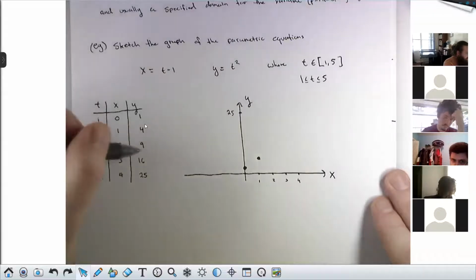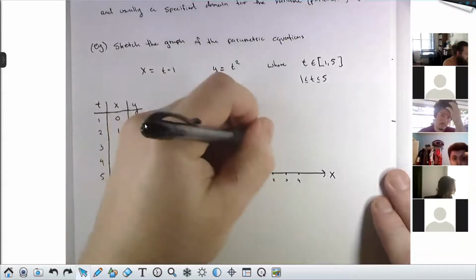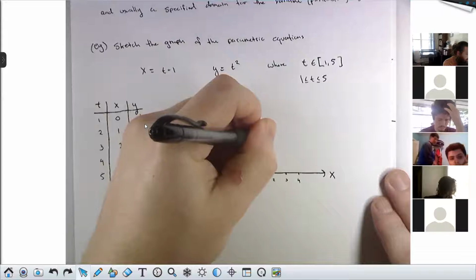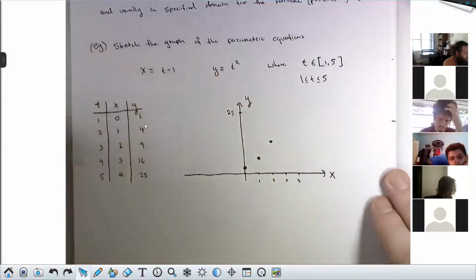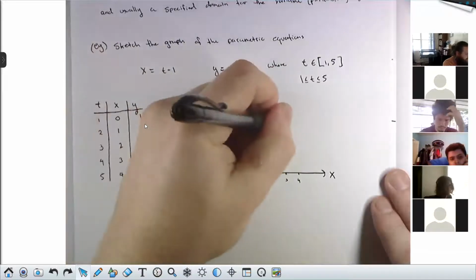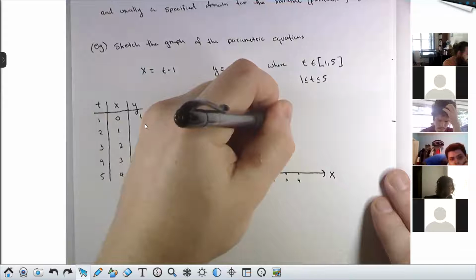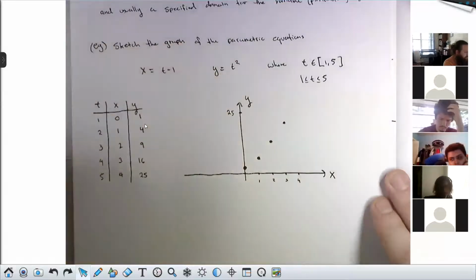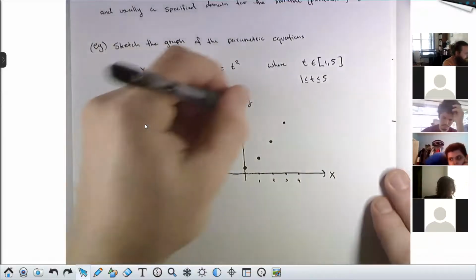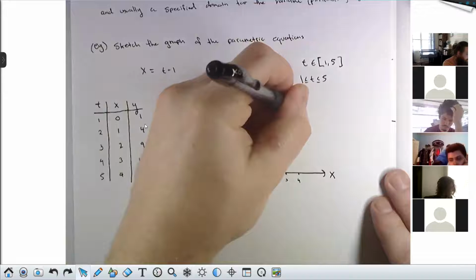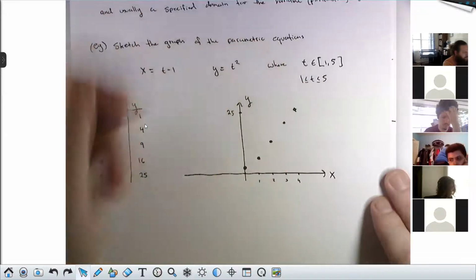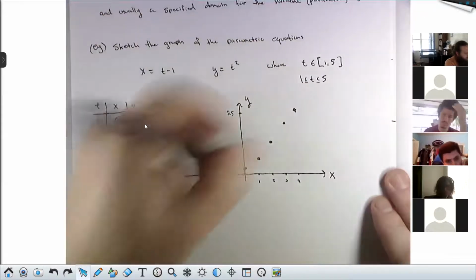The point 2, 9, like right here. 3, 16, right about there. And 4, 25. Really, my scale is a little bit up. Should be like right about there.